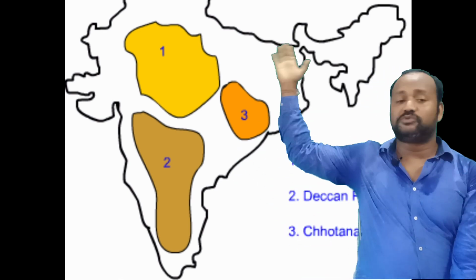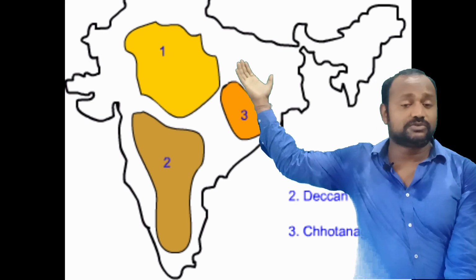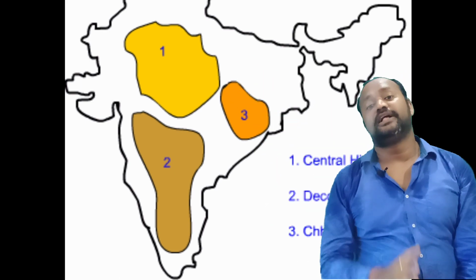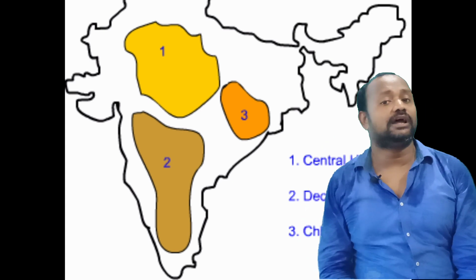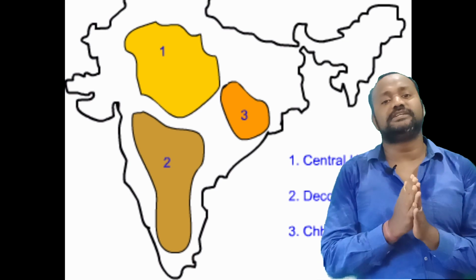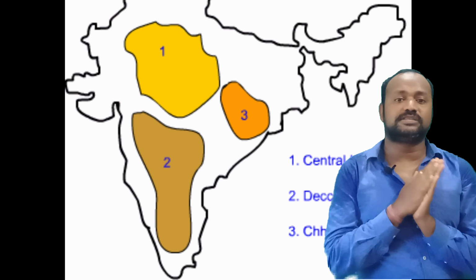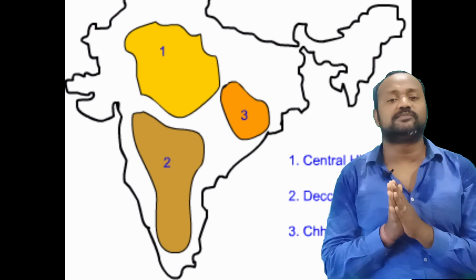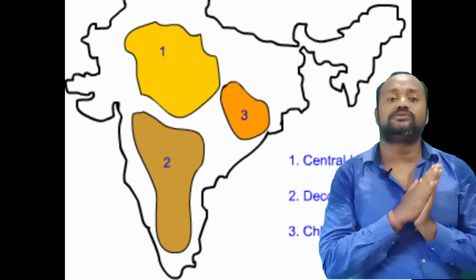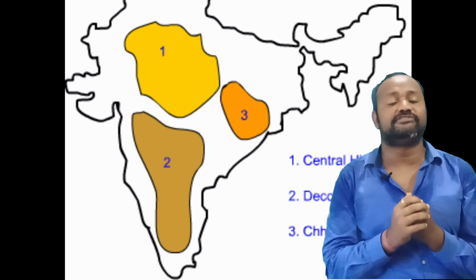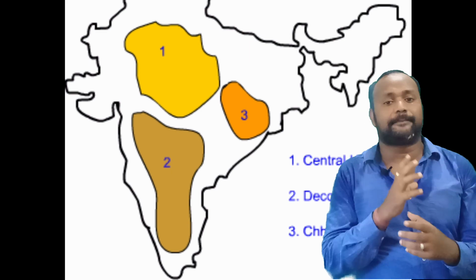So this region is called the Deccan Trap. So students, that is all about the Central Highland. We have discussed the Central Highland, the Deccan Plateau, the Western Ghat, the Eastern Ghat, their differences, and we have also discussed the Deccan Trap.